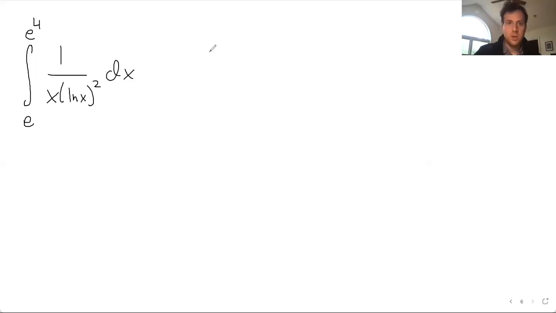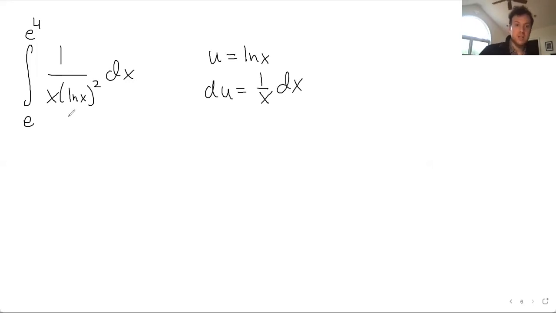So u is going to be the natural log of x, du is going to be 1 over x dx, and we see those pieces there. When we do this u substitution, we end up like we did before with 1 over u squared du.